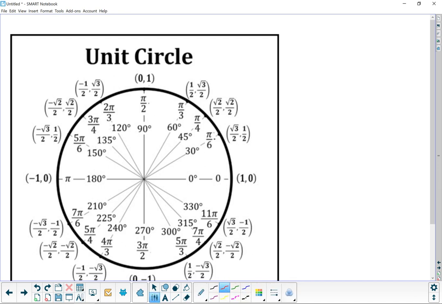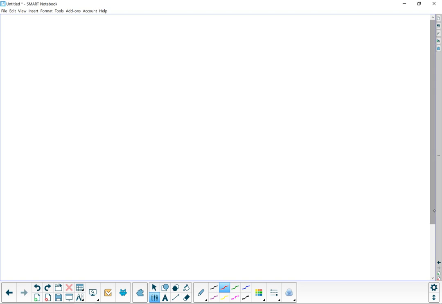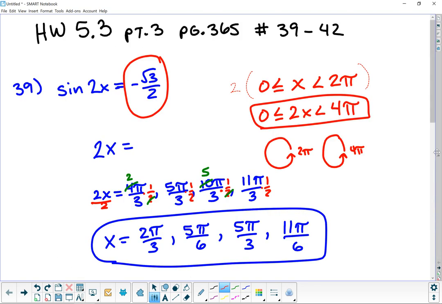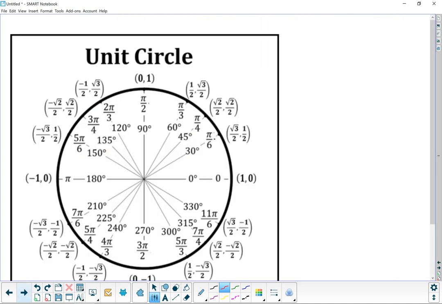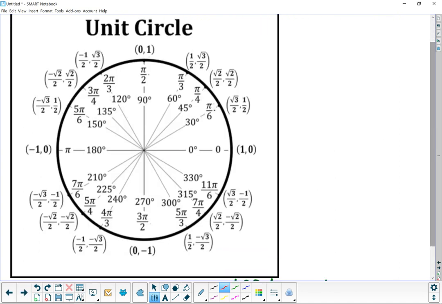So remember, we're talking about sine. Since we're talking about sine, we need to use a y value. So radical 2 over 2, we got, and we want positive and negative. There's a positive, which means this is your answer.